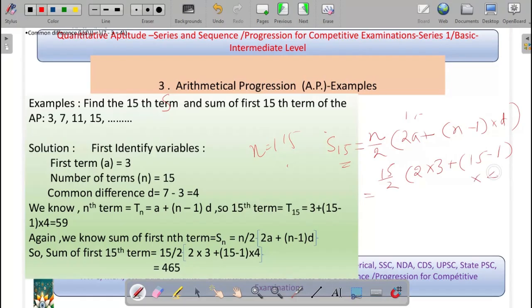Common difference is 4. So 15 by 2 into 56 plus 6 is 62, which gives 15 into 31.